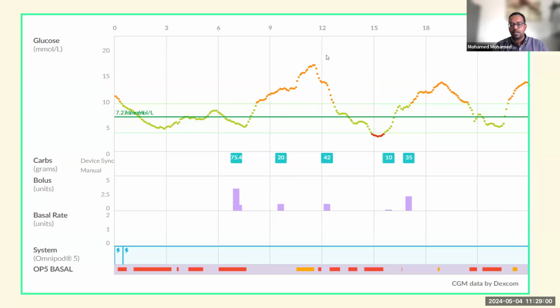If we prevent this hyper, we'll secondarily prevent him going to hypo, because he will not go high to go low again. So it's basically his breakfast meal, his lunch, probably this is just a snack, his lunch, and his tea time ratios all need to be adjusted to improve his hemoglobin control.